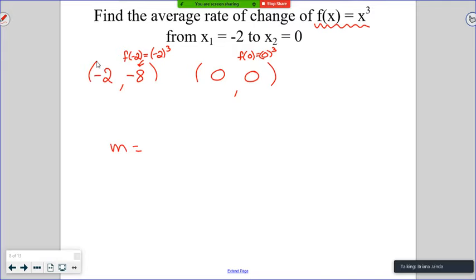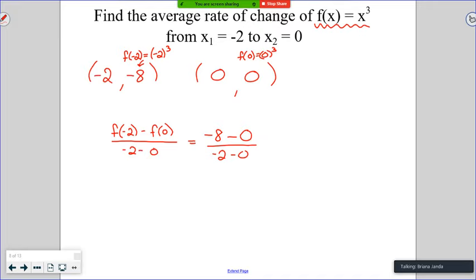You can also just do the mathematical notation, which would have been f of negative 2 minus f of 0 over negative 2 minus 0. That was the formula. That's your slope formula that they just showed on the last page. Well, f of negative 2 is your y minus f of 0, again, is your y over negative 2 minus 0, x minus x.